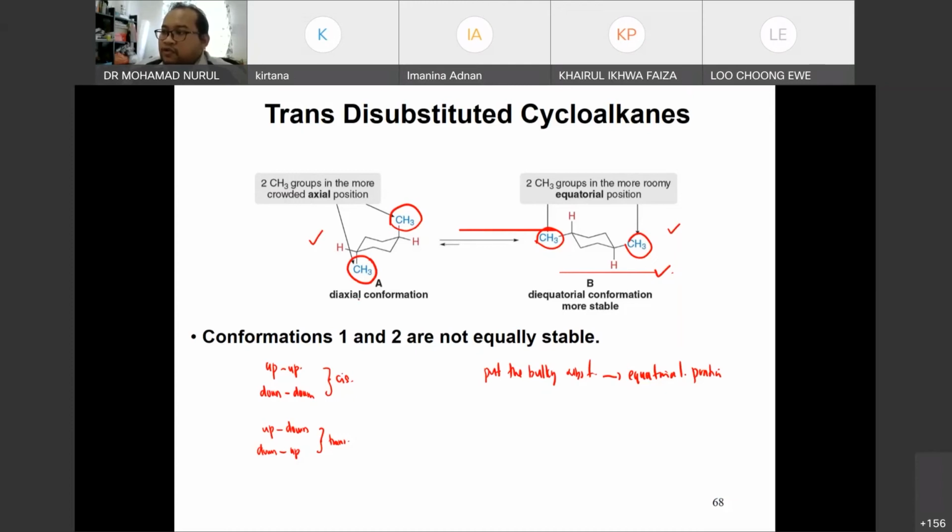For this one, why is diaxial not really stable? Because they have 1,3 diaxial interactions.